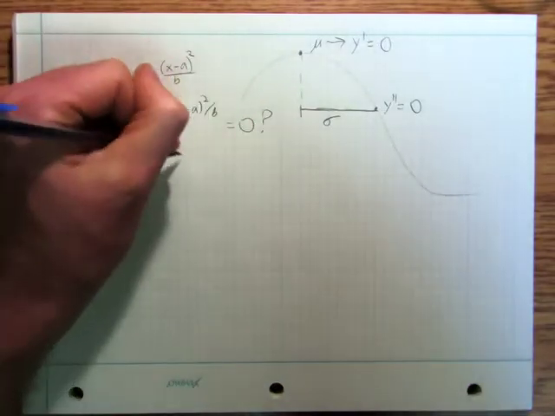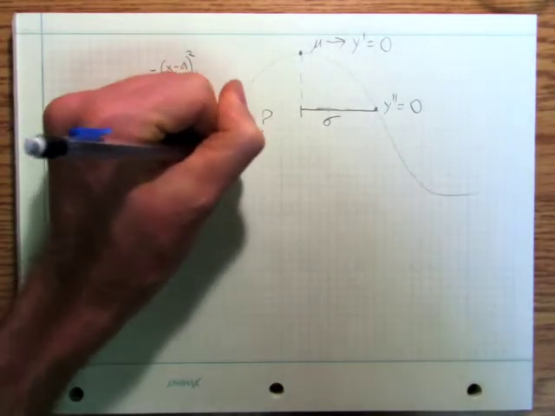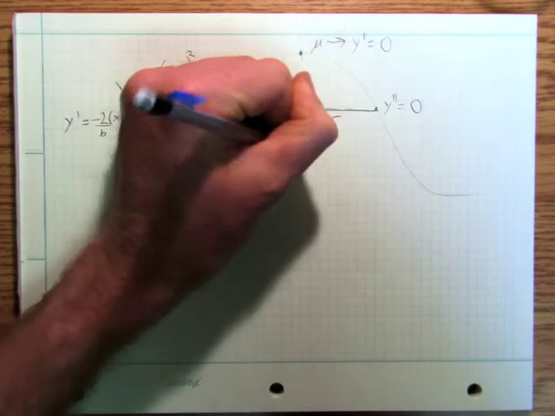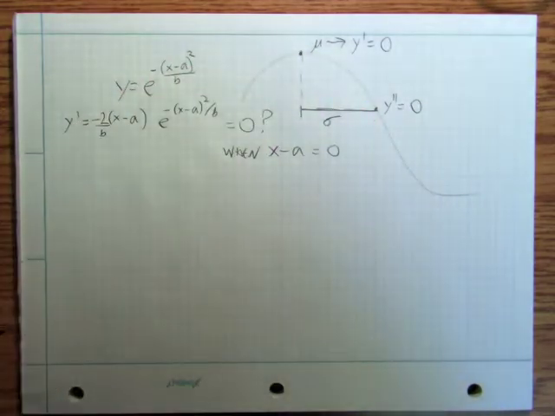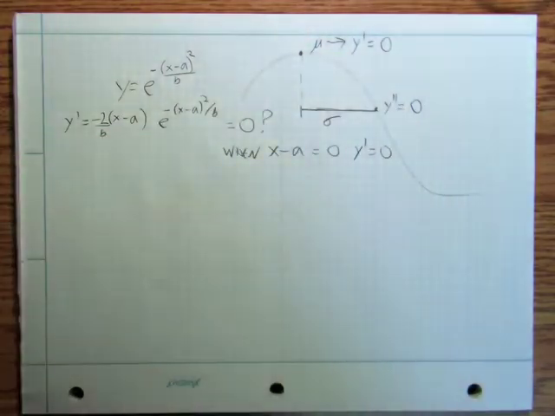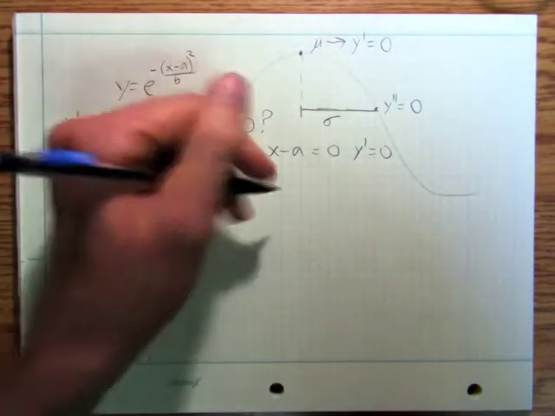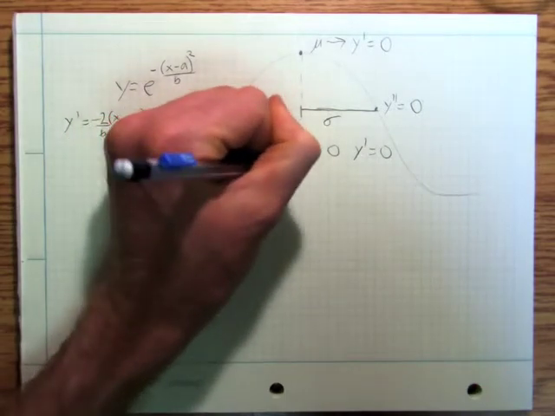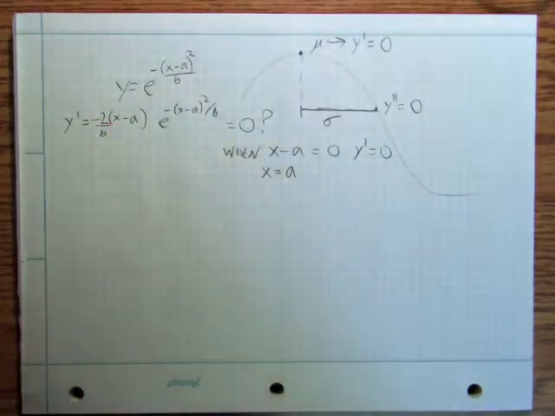So when x minus a is equal to 0, y prime is equal to 0. Where does that happen? Where x equals a.